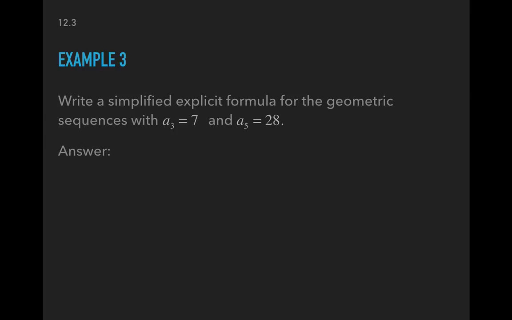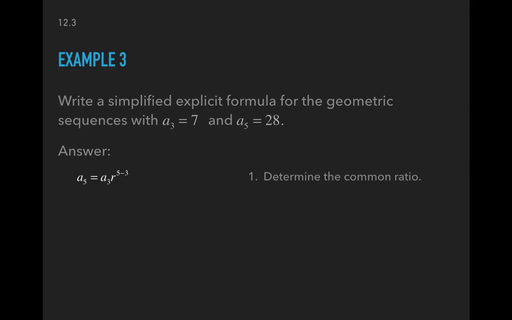We're going to write a simplified explicit formula for this geometric sequence, and we know two terms in the sequence. What we don't know is the rate. That's what we're going to be trying to find. So we'll substitute in. You'll want the larger term to be what you're setting it equal to.